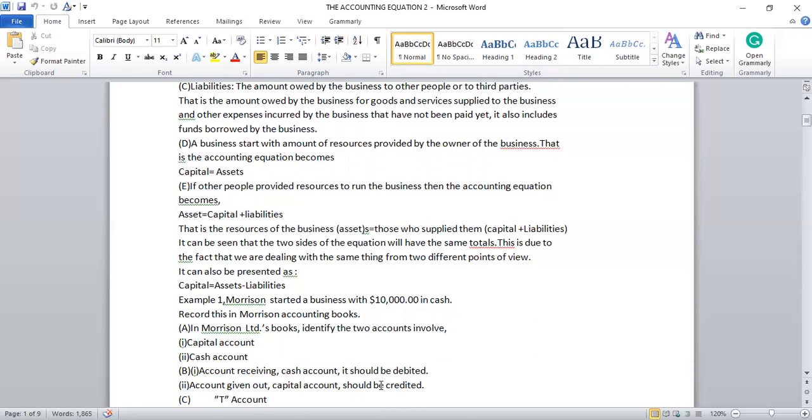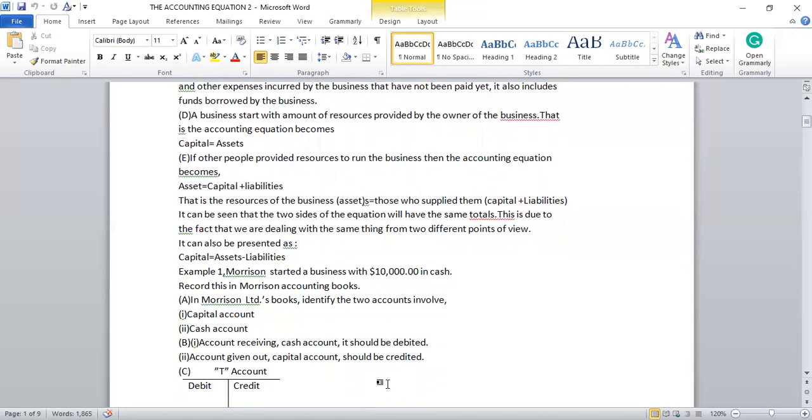Let me explain. It means that after you have identified the two accounts involved, here the capital account and the cash account, the second step is that the account that is receiving the cash should be what? Debited, and it is the cash account. And the second account that is giving out money, that is the capital account, should be credited.